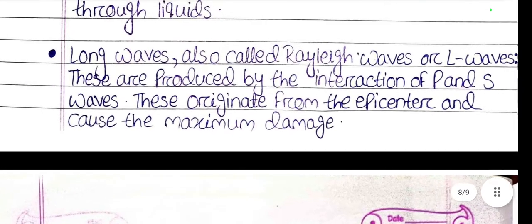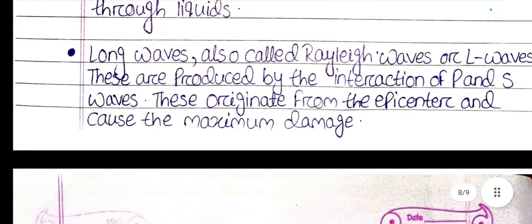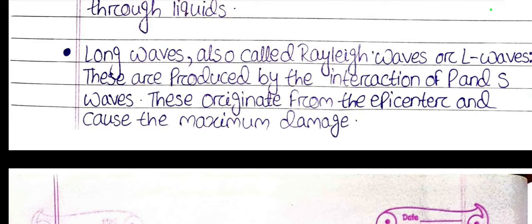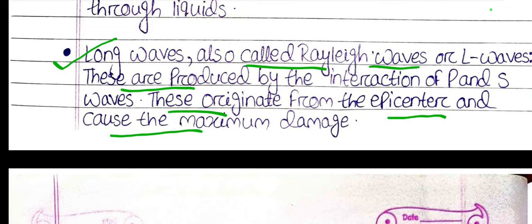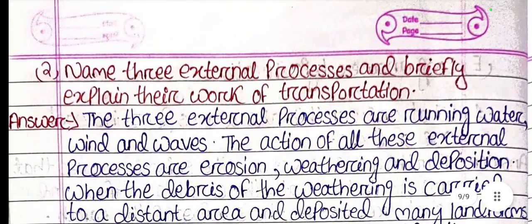Long waves are also called Rayleigh waves or L waves. These are produced by the interaction of P and S waves. These originate from the epicenter and cause the maximum damage.